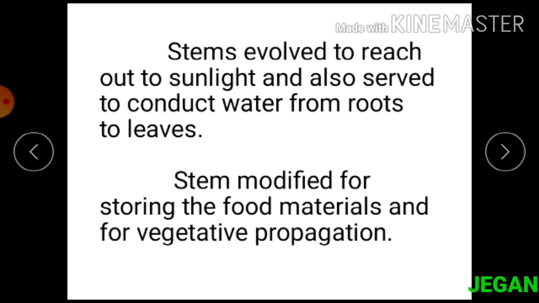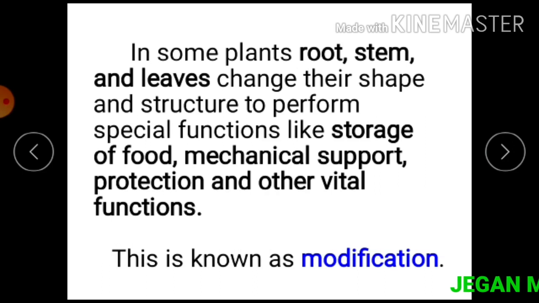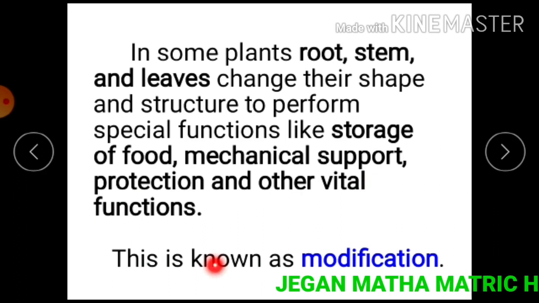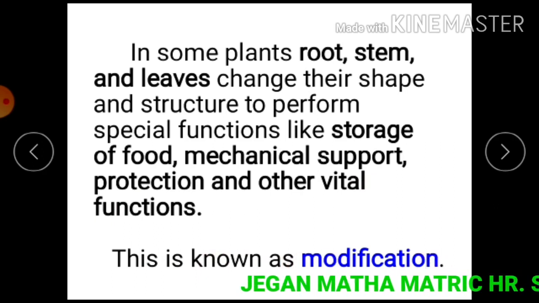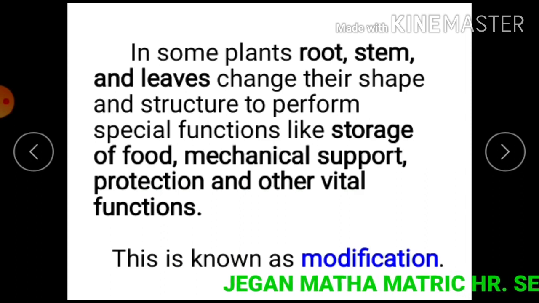In some plants, root, stem and leaves change their shape and structure to perform special functions like storage of food, mechanical support, protection and other vital functions. This is known as modification of root, stem and leaves in plants.